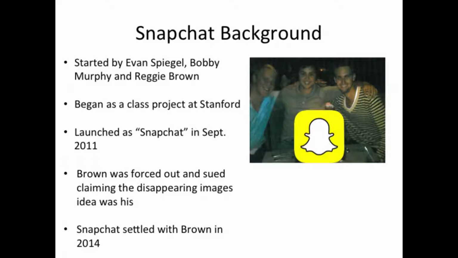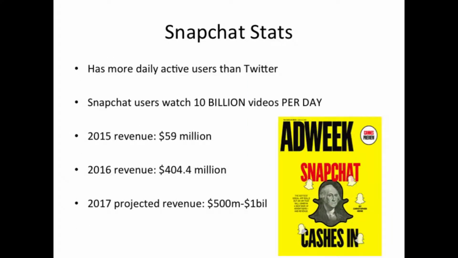It should. It sounds like Facebook and the Winklevoss twins and Eduardo Saverin, who sued Mark Zuckerberg for pretty much the same thing. And of course, their suit became the basis of the Social Network movie. Now, 3 years ago, Snapchat settled the lawsuit with Brown with an undisclosed and confidential settlement.